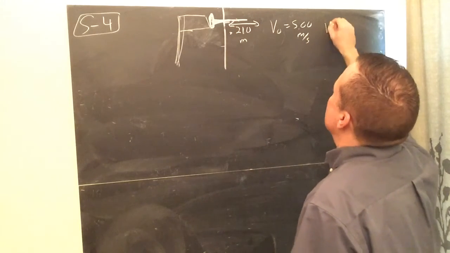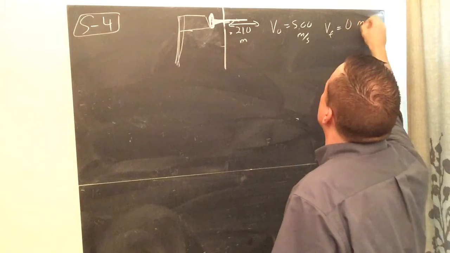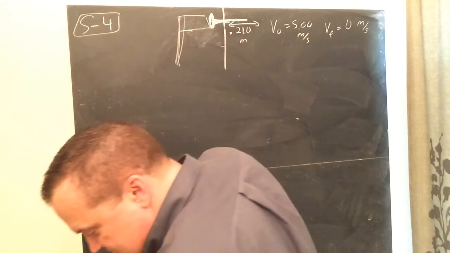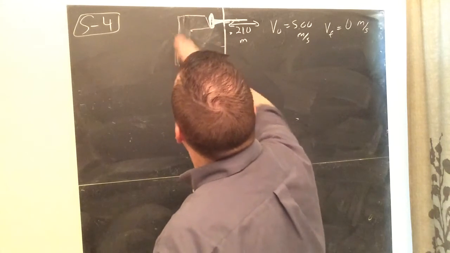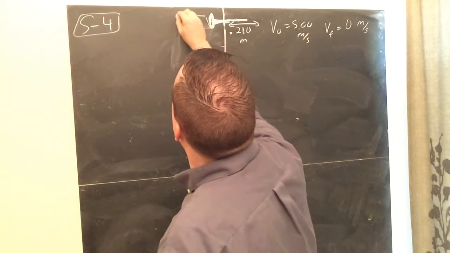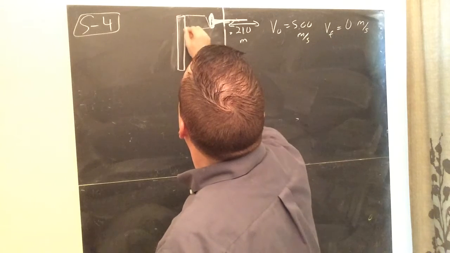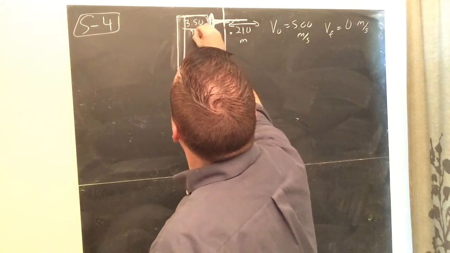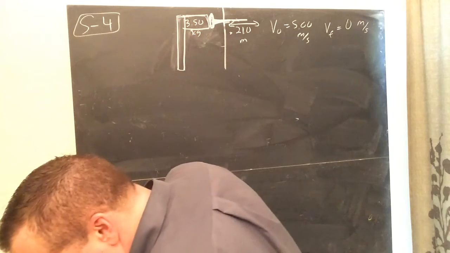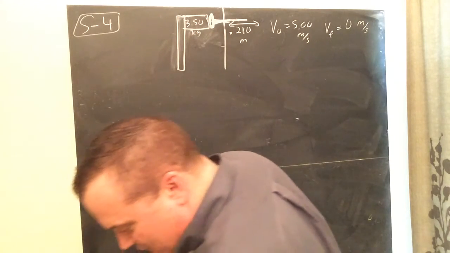And it came to rest. That means the final velocity was 0 meters per second. Then it says it weighed 3.50 kilograms. I guess I could do a better job of that. I know, I can draw a little bit better if I take my time. It kind of looks like a sledgehammer, but anyway, 3.50 kg is the weight of this thing. And, okay, we got all the stuff.